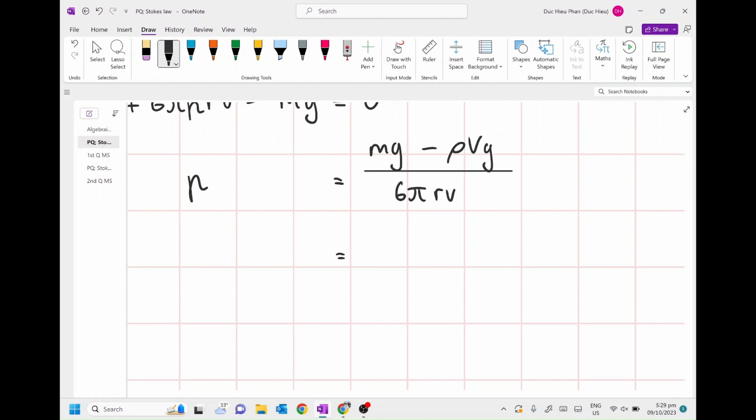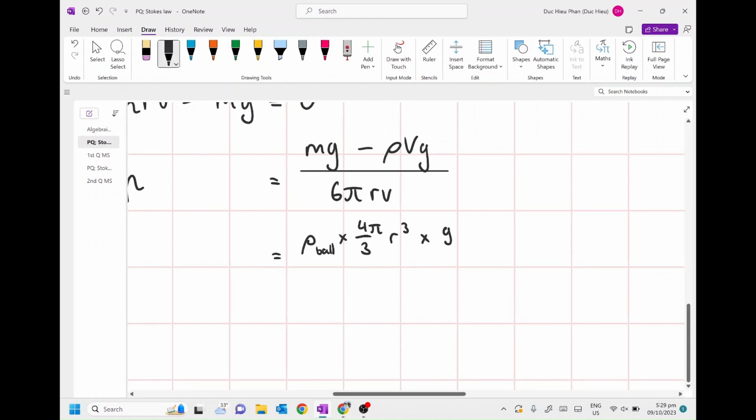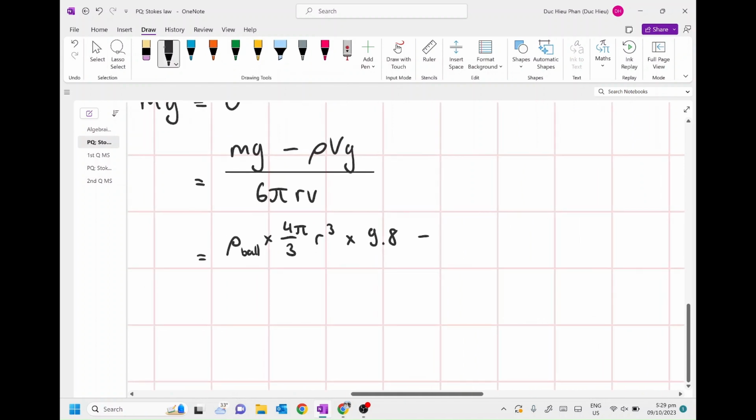So mass is the density of the ball times the volume of the ball, which is 4 pi over 3 times r cubed. This is the mass, and we also need to multiply it by the gravity, which is 9.8. Then we have to take away the density of the fluid times the volume of the fluid displaced, which is just the volume of the ball again, and multiply that by 9.8.